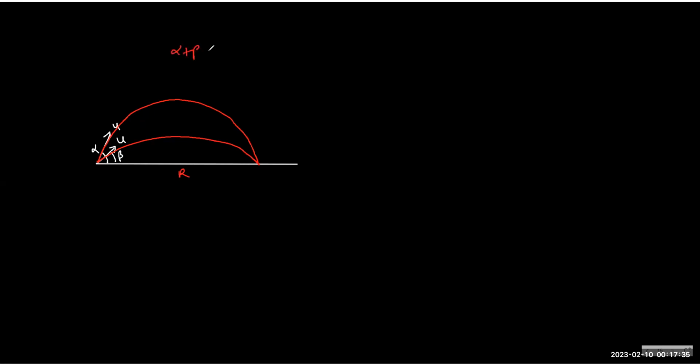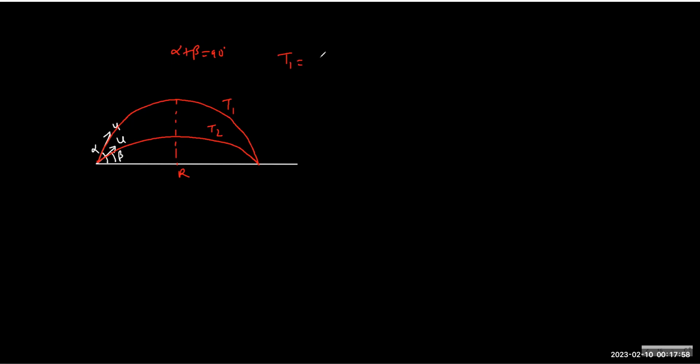So alpha plus beta is 90. Because u is the same but alpha and beta are different, will they have the same time of flight or different time of flight? Different. So how to write T1?